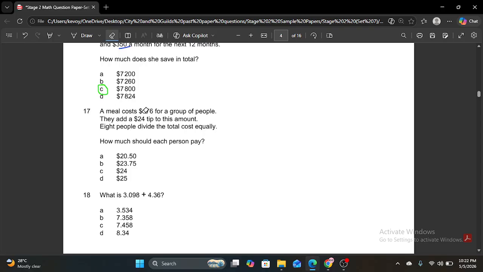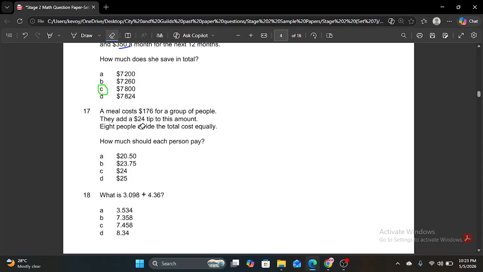Alright, so a meal costs $176 for one group of people. They add a $24 tip to this amount. 8 persons divide the cost equally. How much should each person pay? So we're going to divide. Anytime I hear that 8 people divide the total cost, or splitting bills, that's dividing.